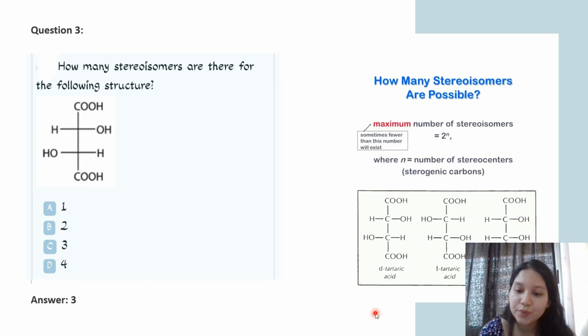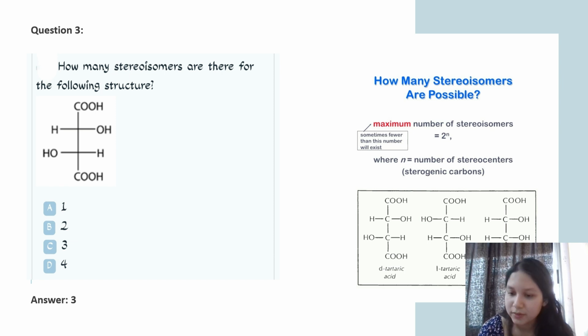But if you write down the stereoisomers, you will find that for this structure, one stereoisomer will be this. The second will be this. So these two are 2 stereoisomers for the given compound, and this is the third one.